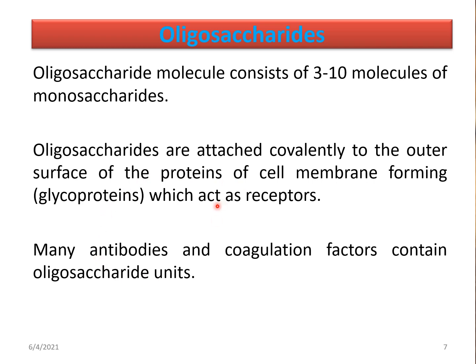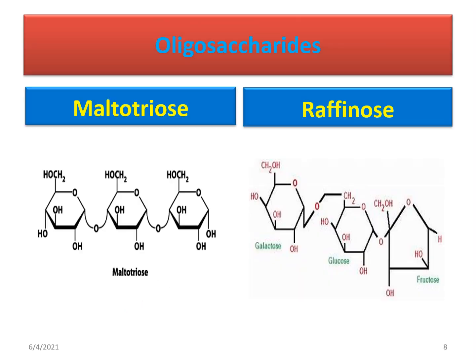Also, many antibodies and coagulation factors contain oligosaccharide units. Examples of oligosaccharides include maltotriose, which consists of 3 molecules of glucose linked by alpha 1,4 O-glycosidic bonds. Another example of an oligosaccharide is raffinose, which consists of 3 molecules: 1 galactose, 1 glucose, and 1 fructose.